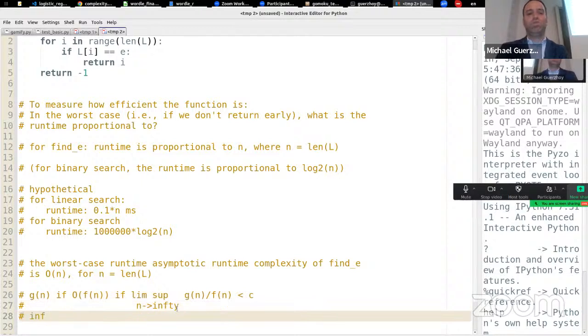Informally, g grows at most as fast as f.